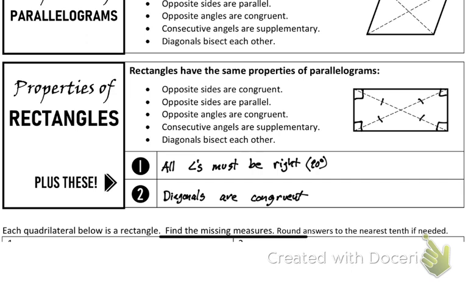To go from a parallelogram to a rectangle, you must have one of these two specific things. So unless you achieve that next level, you have to stay where you're at. So if I say a quadrilateral with diagonals, you can only say it's a quadrilateral. I don't have the parallel lines. If I say you have parallel lines and I don't give you right angles or diagonals are congruent, you have to stay at parallelogram. So you have to say the right specific things to boost up to the next level.